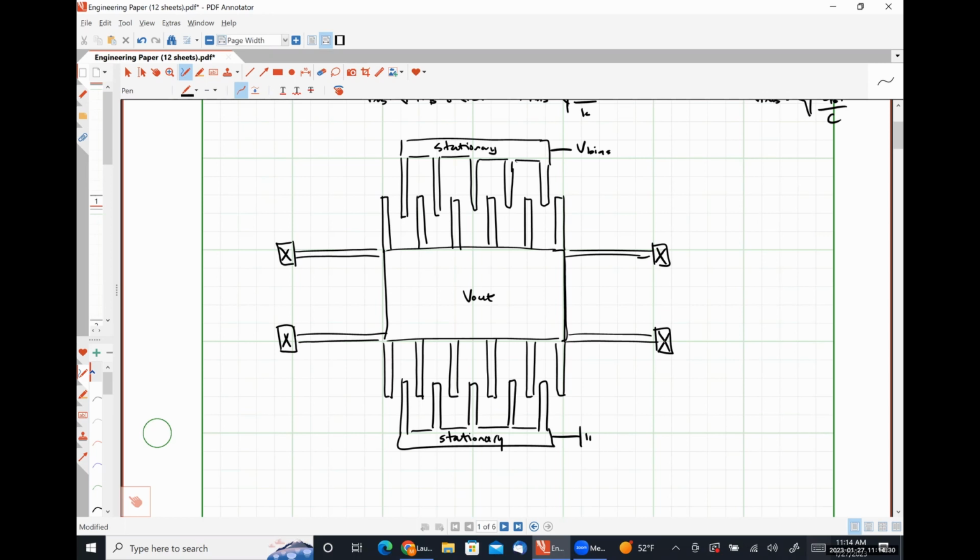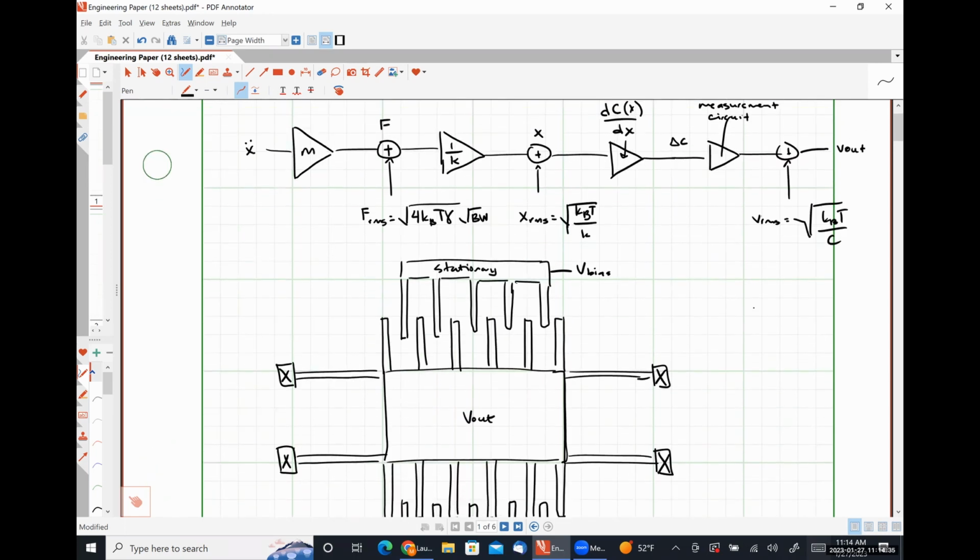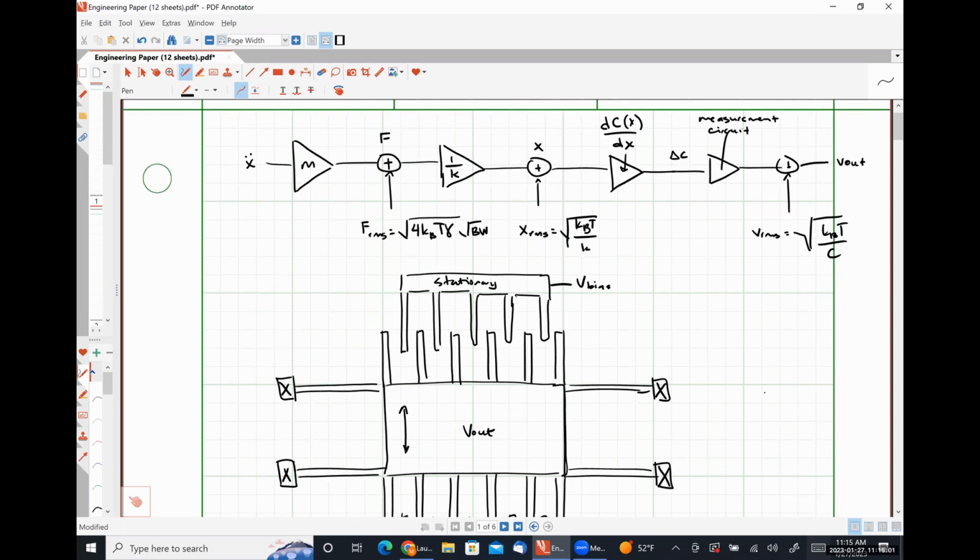And so I'm expecting you guys to be able to calculate the mass, calculate the spring constant, calculate the sensitivity of the structure due to changes in its position. Just as a heads up, the expected direction of movement will be in the up and down direction. From the sensitivity, I expect you to be able to calculate the output voltage for this particular circuit.